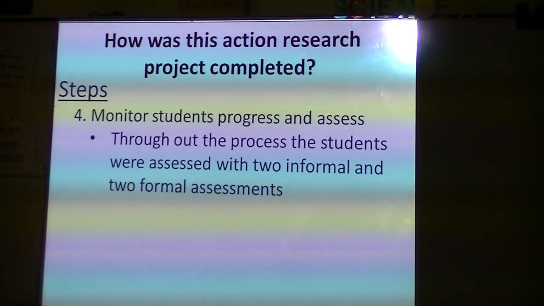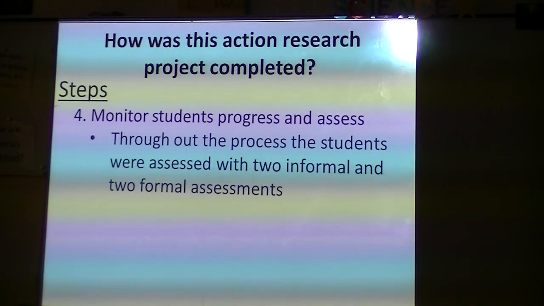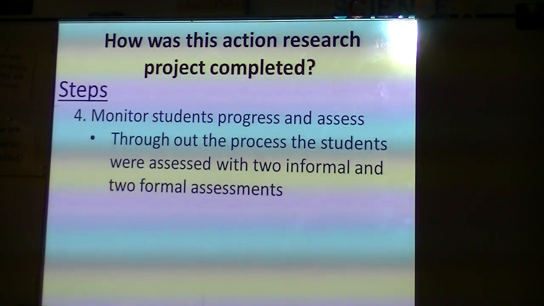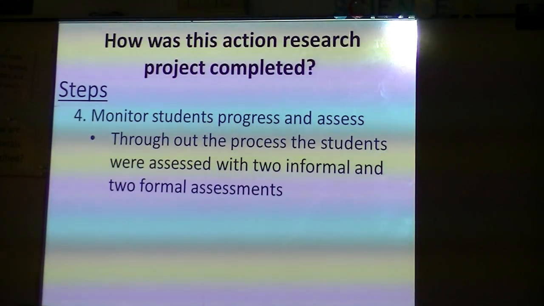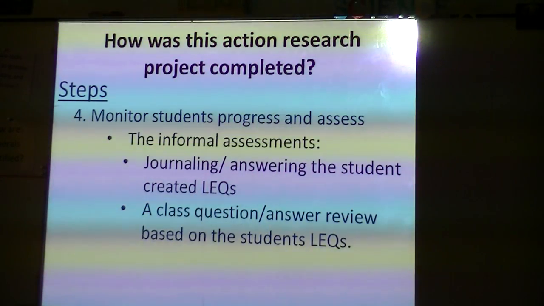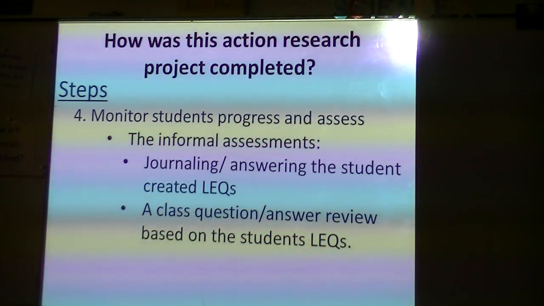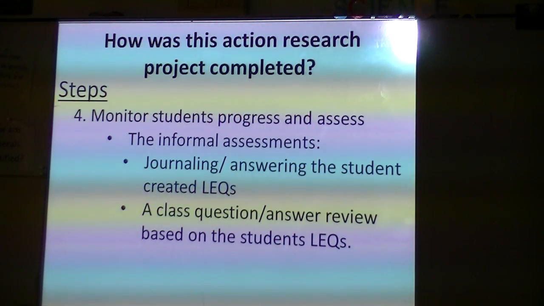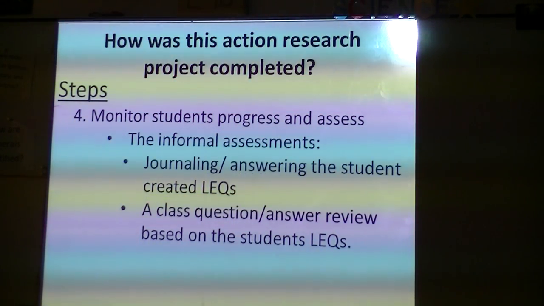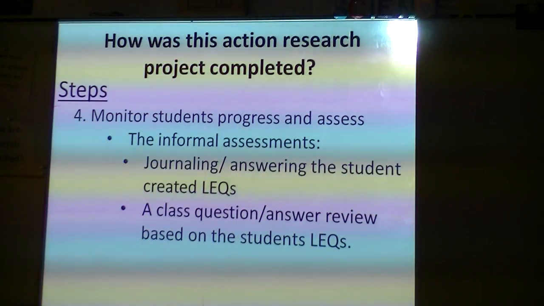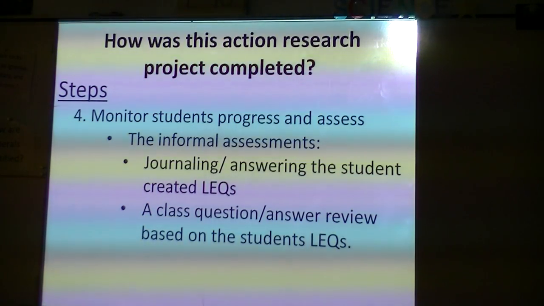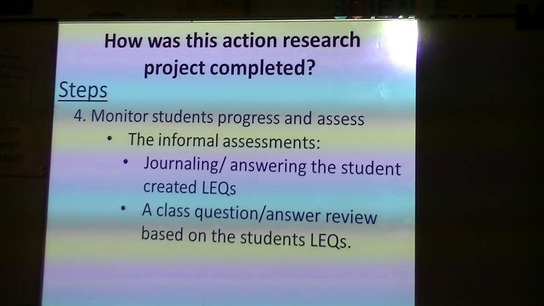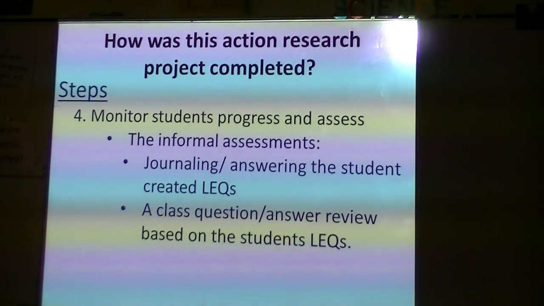Throughout the process, you need to monitor students' progress and assess. The students were assessed in two informal and two formal assessments. The first informal assessment was to write or journal about the LEQs that the students created. This is something that we normally do through a unit, but our normal LEQ questions are those created by the district, the ones that the students do not have a say in.